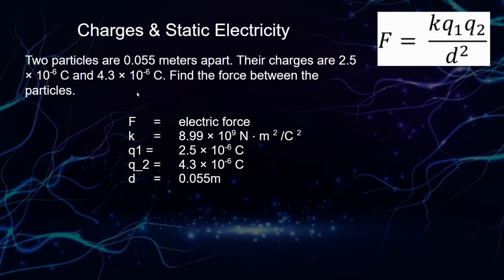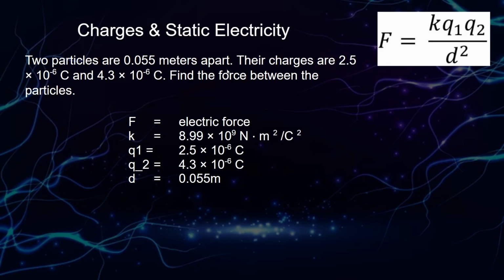Okay, so let's just pull all the information out of the question and into the variables here. For force, that's what I'm looking for. I don't know what it is yet. My constant is always 8.99 times 10 to the ninth. My charges, it doesn't matter what order I put them in because they're all just multiplied together.